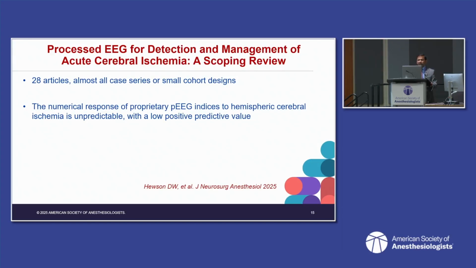So cerebral ischemia cannot be predictably detected using processed EEG monitors, the positive predictive value being really low. Now, whether this has to do with the type of processing that occurs, or the variability between different monitors, or just the limitation in the number of studies that have been published is difficult to say. But at this point, processed EEG cannot be used as an ischemia detector.